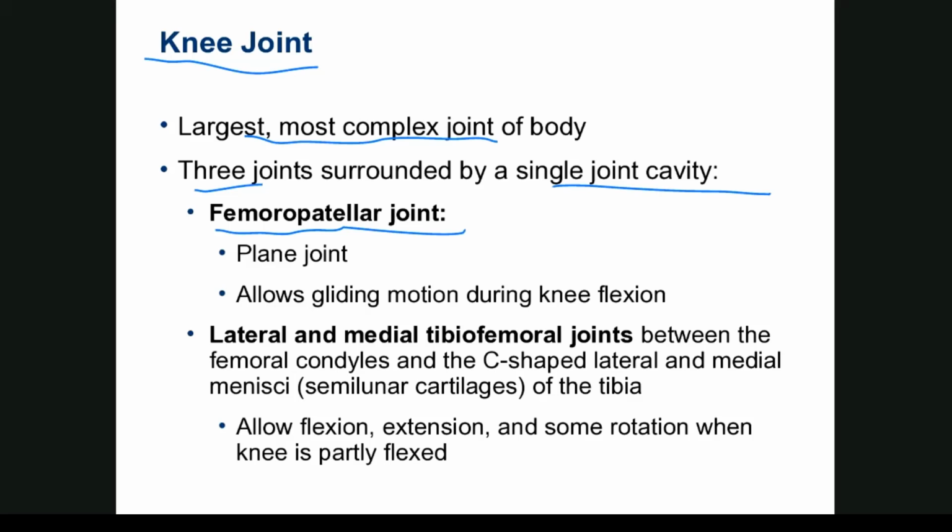And then the lateral and medial tibiofemoral joints. These are between the femoral condyles and the menisci, lateral and medial menisci. And these are cartilages of the tibia. You get flexion, extension, and a bit of rotation when the knee is partly flexed.